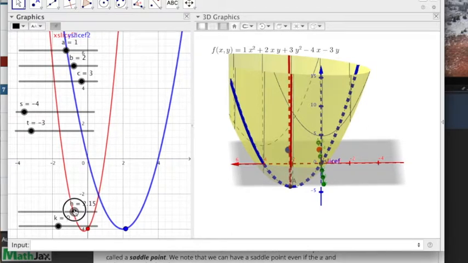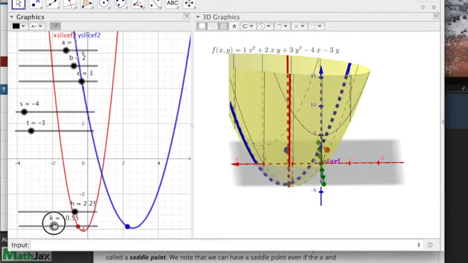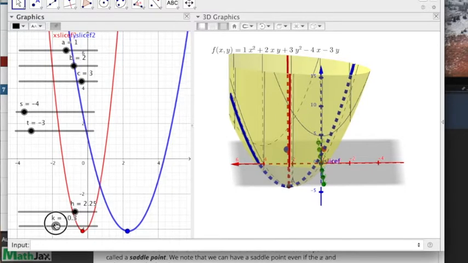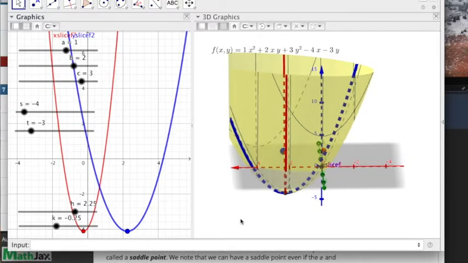And by playing with it, I can get a place where I'm at the bottom of the parabola for both x and y. So I found a place where the derivative with respect to x is 0 and the derivative with respect to y is 0. That's a critical point. Those are the kind of points I want to look for.